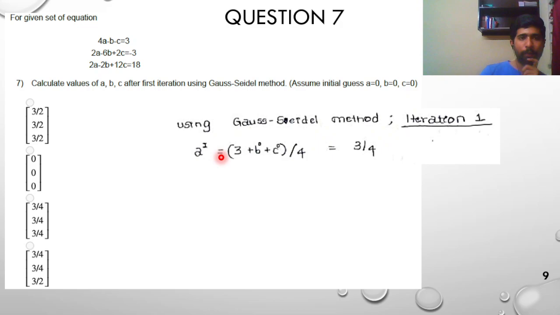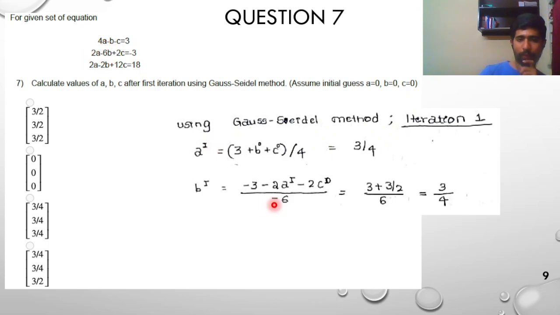So it will become b of 0 and c of 0, because we do not know the b and c values at the first iteration. So we usually take it from the previous iteration. So it will turn out to be 3 by 4. Now when we are calculating the b value using the second equation, we usually take the a value from this first iteration only.